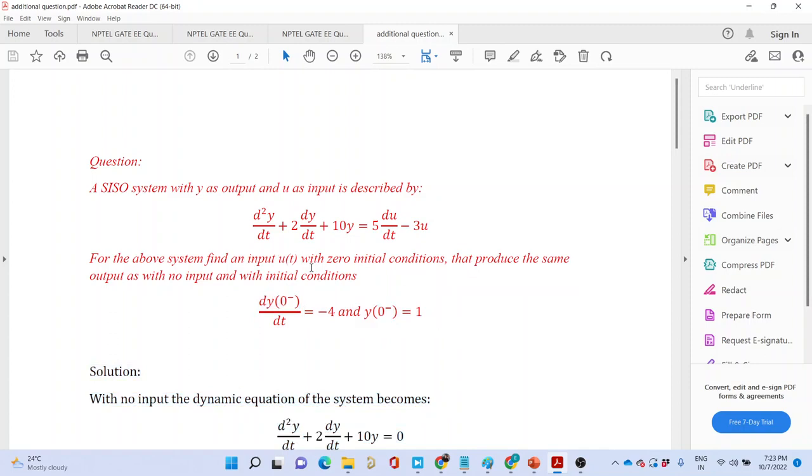You understand the question, right? You have to find the input u(t) with zero initial conditions that will produce the same output as when there are no inputs but only initial conditions.